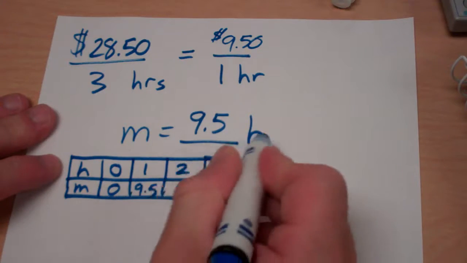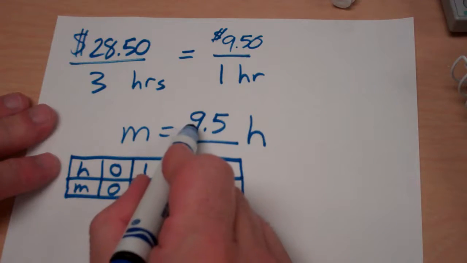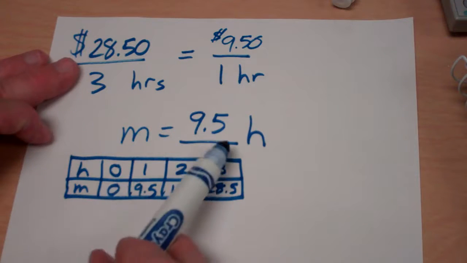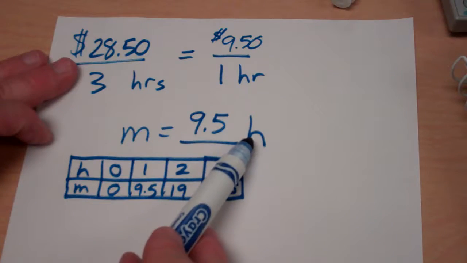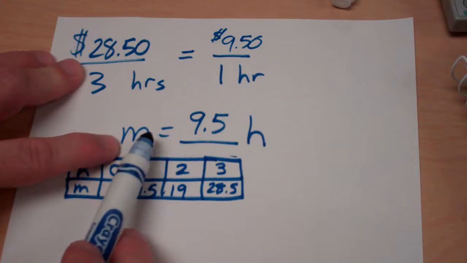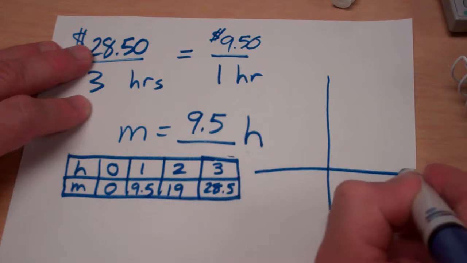If she works 2 hours, 2 times 9.5 is 19. If she works 3 hours, 3 times 9.5 is 28.5, which is what we had. And this will work for any one you want. So if you want to know in 37 hours how much money she's going to have, how many earnings, 37 times 9.5.